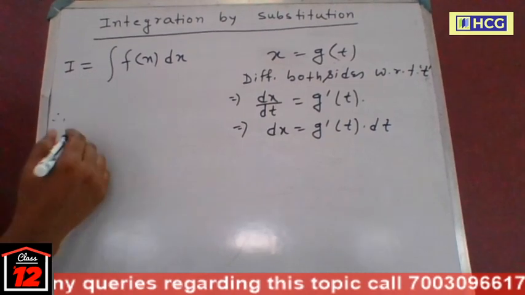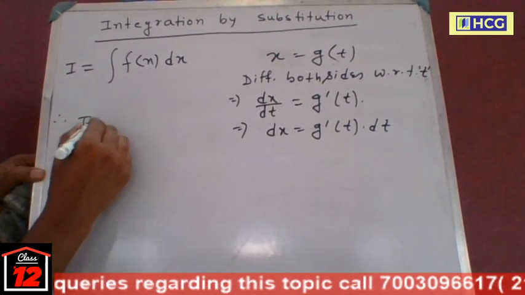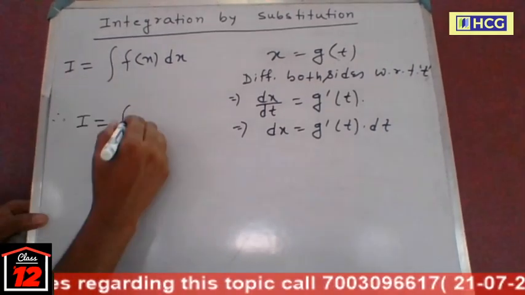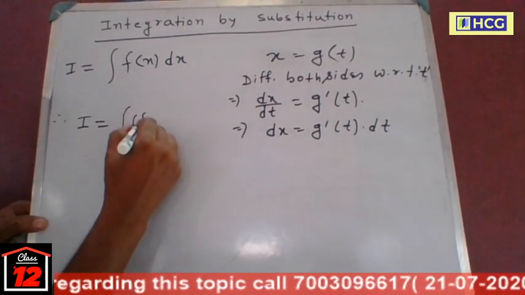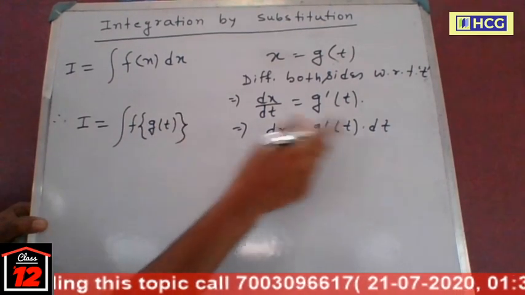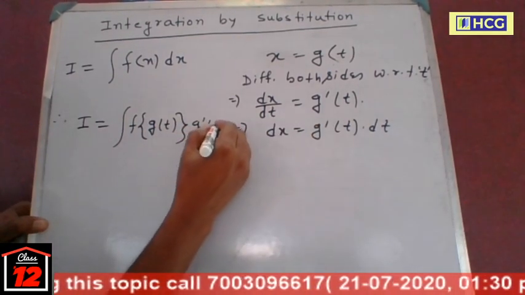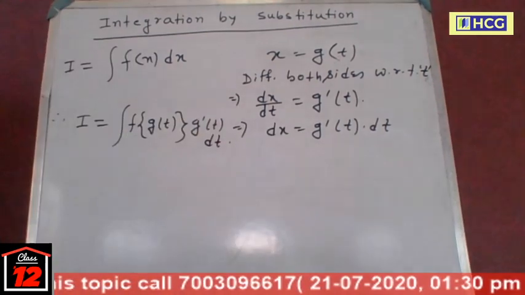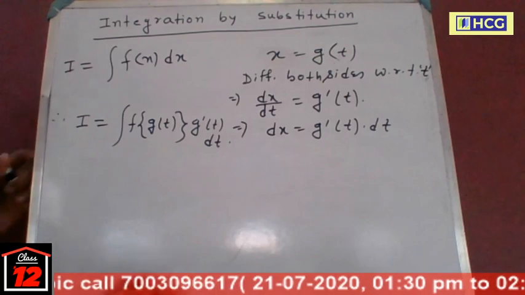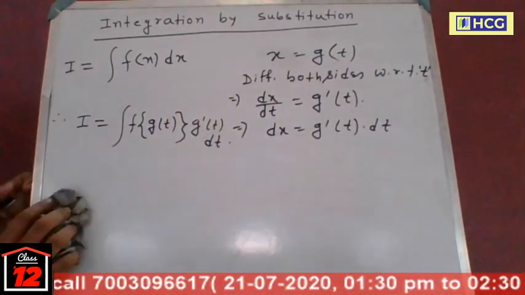Therefore the given integral I changes to integration f of g(t), and dx changes to g dash t dt. Using this method, we do some integration.